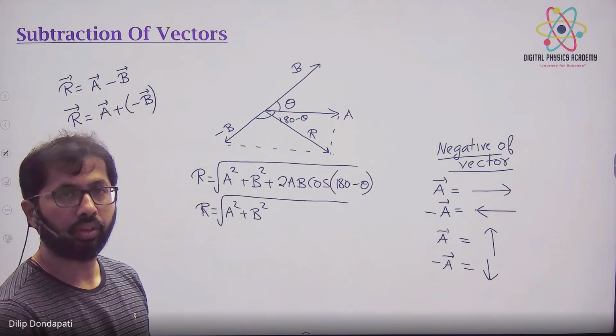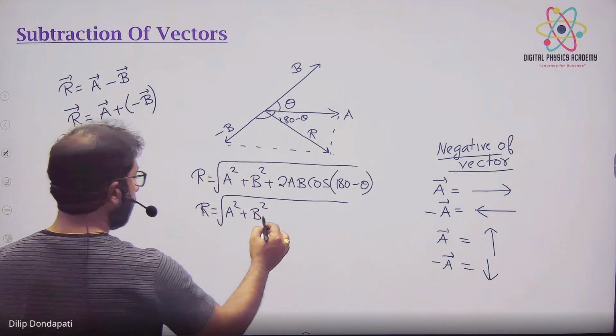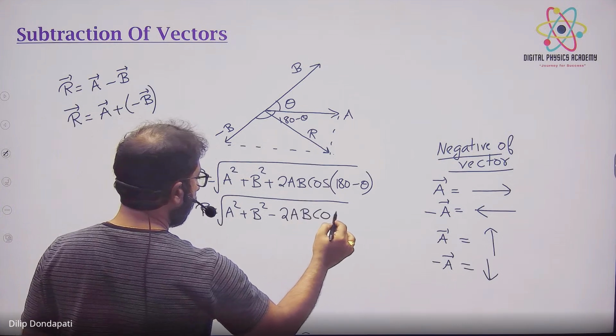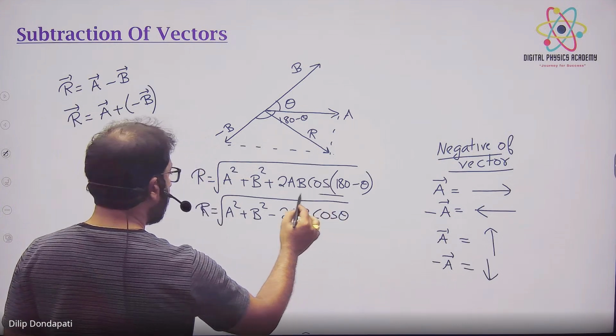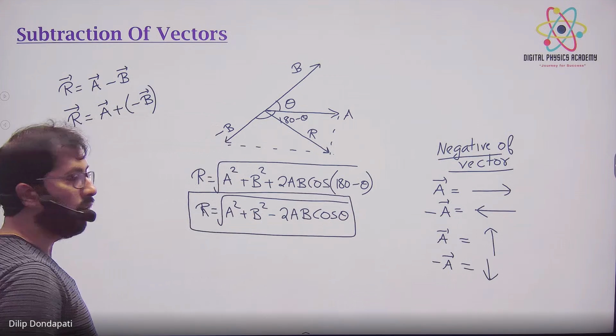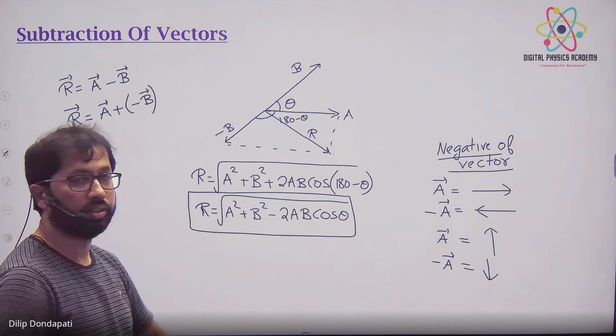Minus cos theta. Using the all-silver-tea-cups rule in trigonometry. Okay. So minus 2ab cos theta. So for subtraction of vectors we have to use this form: R is equal to under root a square plus b square minus 2ab cos theta.